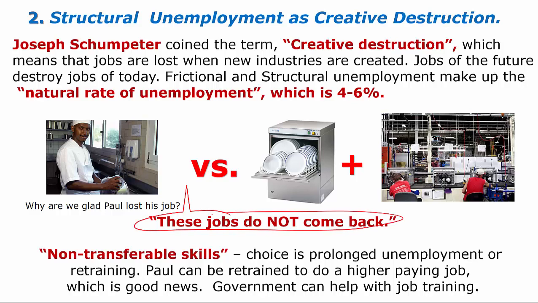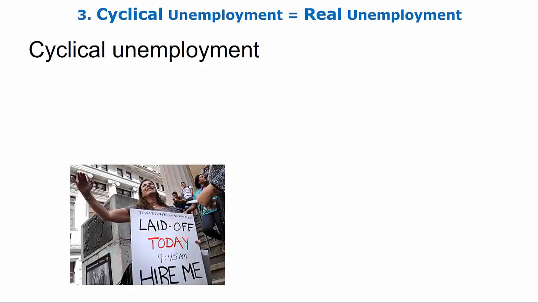Okay? Paul loses his job, he's not going to get another job in dishwashing. Okay, he's going to have to change his skills. But that's okay because that's how the economy gets better. Okay, if we still had typewriter repairmen instead of computer software designers, I mean, the economy would not be as strong.